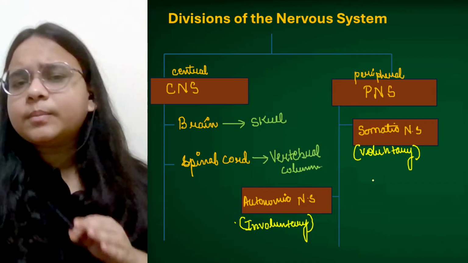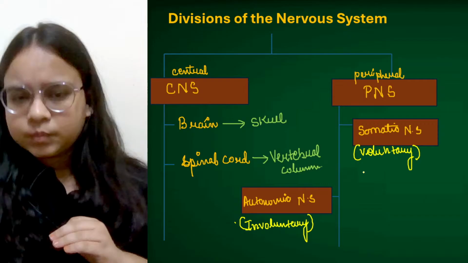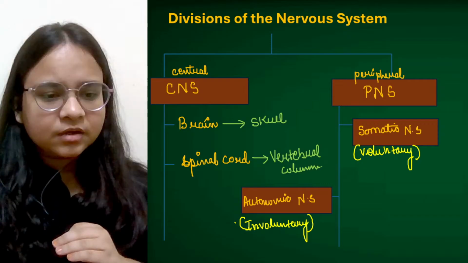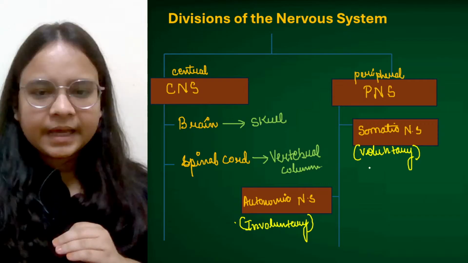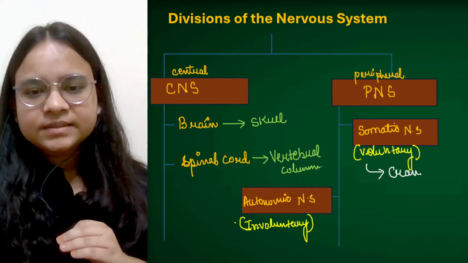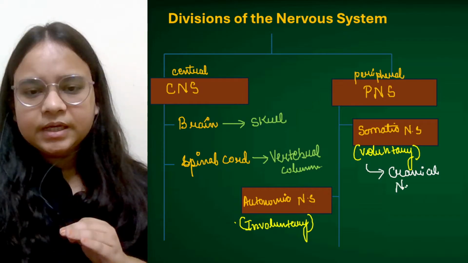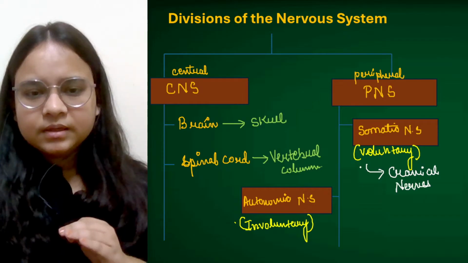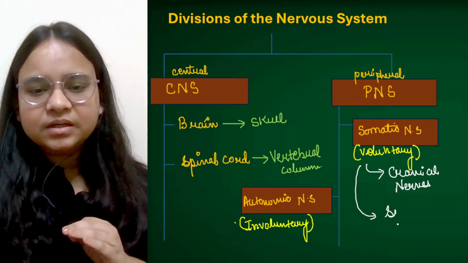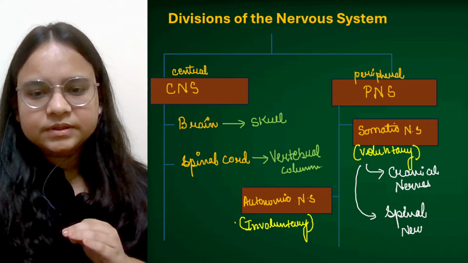Now this somatic nervous system can be divided into two categories further. It includes two kinds of nerves, cranial nerves and spinal nerves.